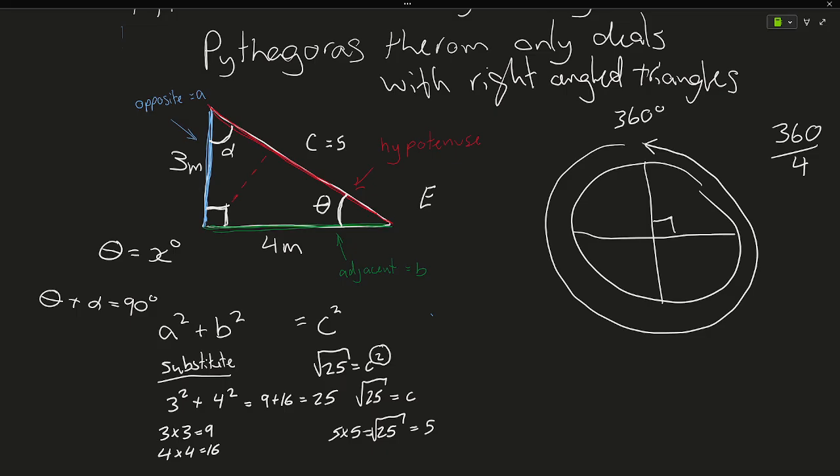So every triangle's angles will always add to 180 degrees.